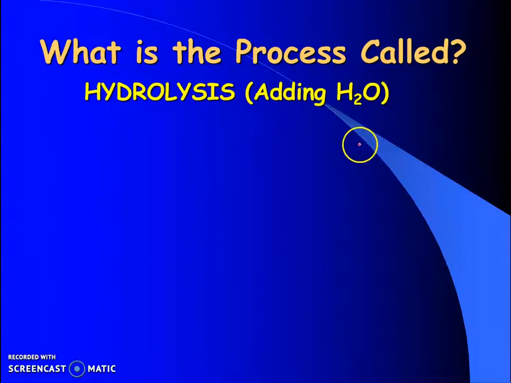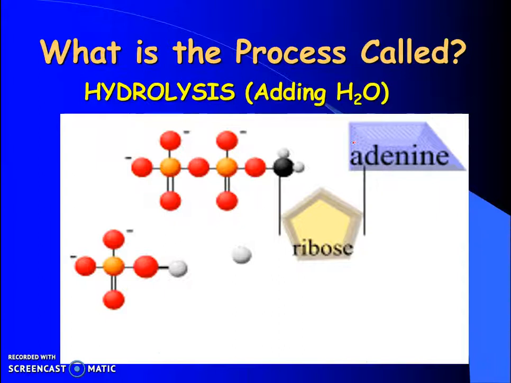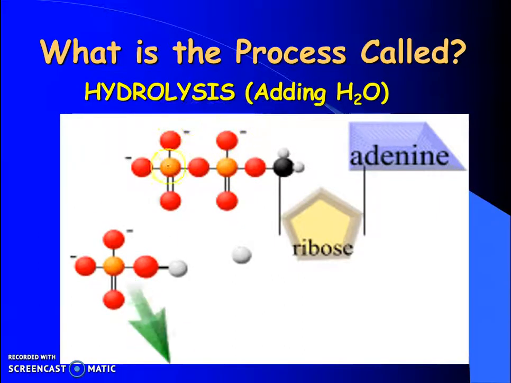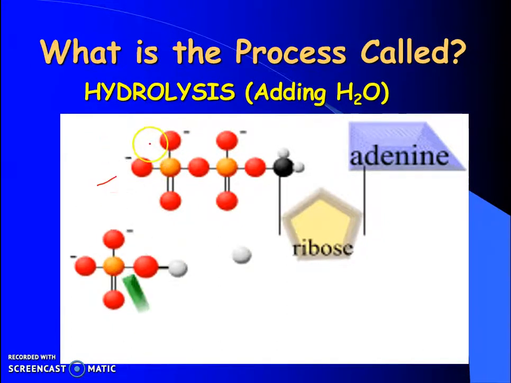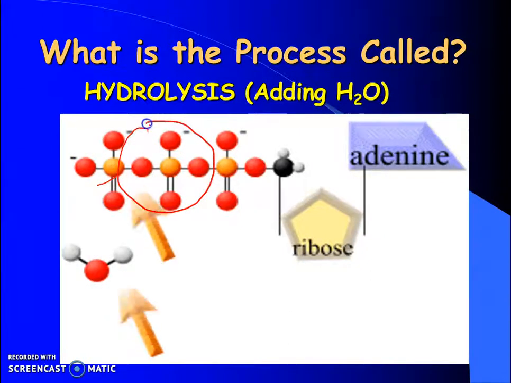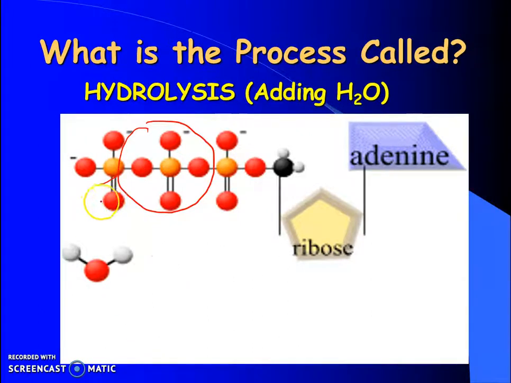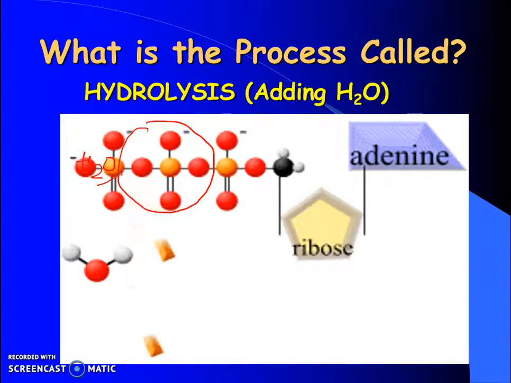So what is the process called? When ATP gets converted into ADP by one of the phosphates getting knocked off, that process is called hydrolysis, because water is added at the other end. If this is a phosphate, and you can see there are three phosphates, the last phosphate is knocked off by water, and here the water molecule is added.